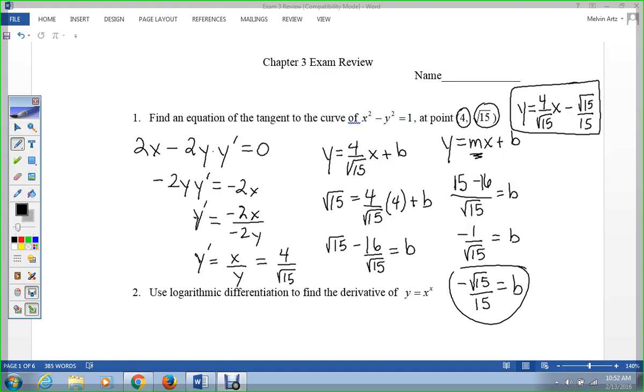Okay, number 2: use logarithmic differentiation to find the derivative of y equals x to the x power.